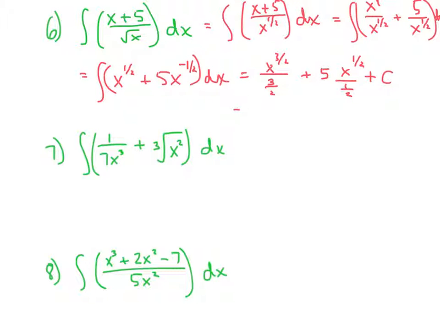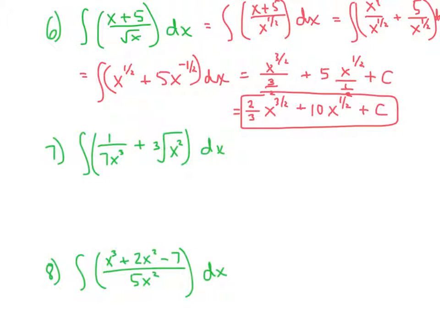Remember, when you're dividing by a fraction, it's the same as multiplying by the reciprocal. So x to the 3/2 divided by 3/2 would be 2/3 x to the 3/2 plus 5 divided by a half is the same as 5 times 2, so 10 x to the 1/2 and then plus c. So that is our integral solution for this problem here.